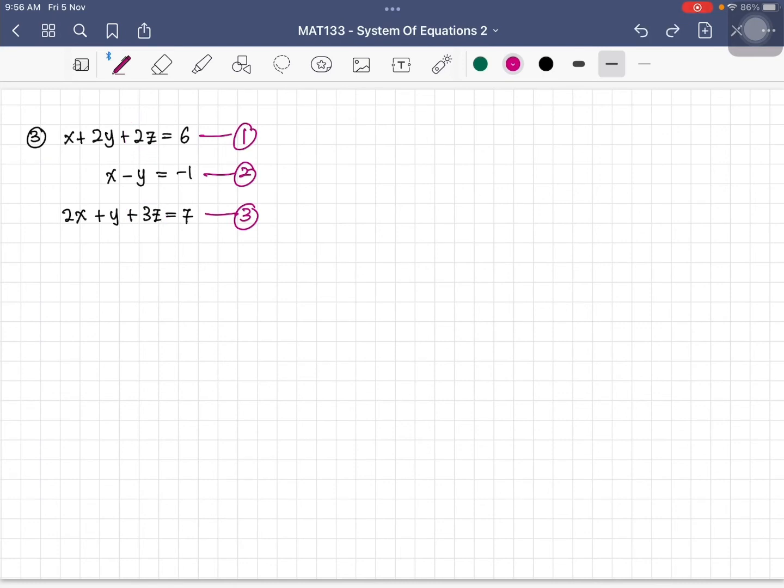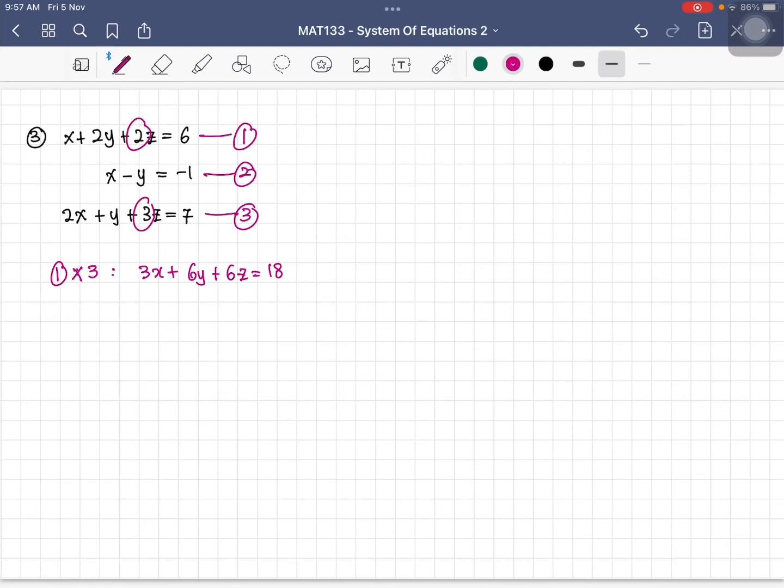To eliminate z, we have different coefficients for z in this case, so we need to make them the same. Therefore, I multiply equation number 1 by 3, and I have 3x plus 6y plus 6z equal to 18.